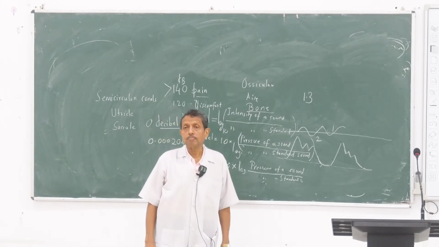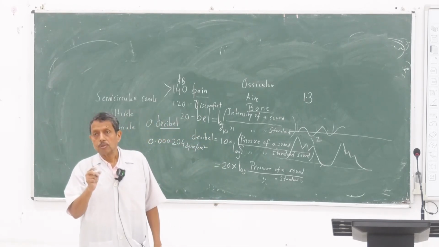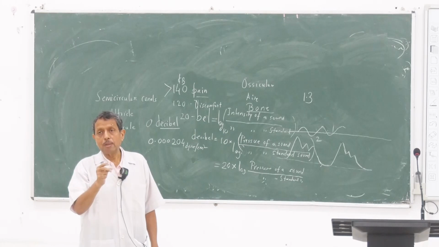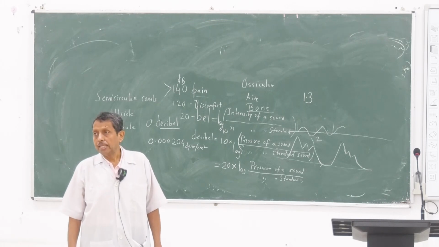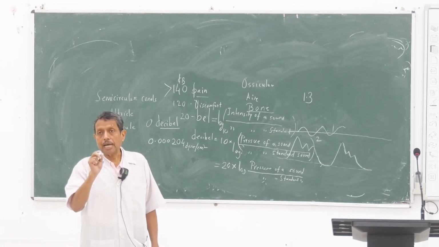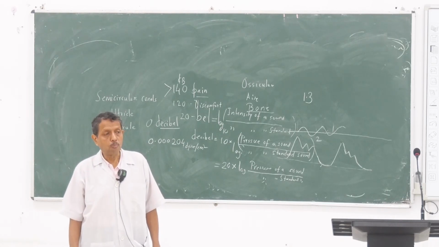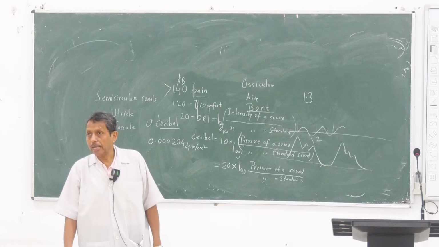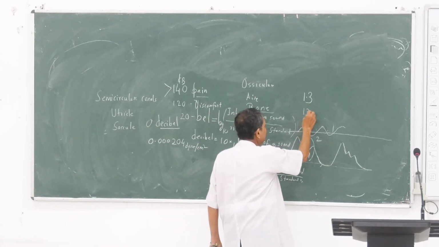At the same time, the area of the tympanic membrane is relatively larger than the oval window or footplate of the stapes, 13 times. So there is 13 times magnification in that way.